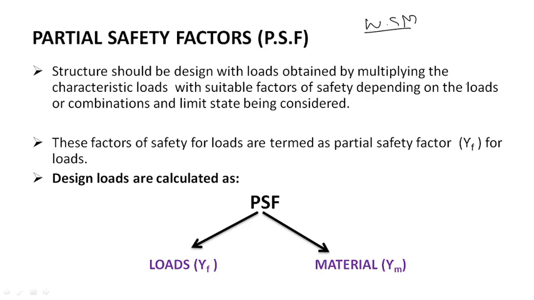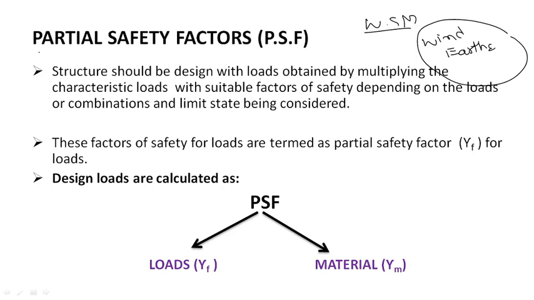Because in the environment sometimes the wind will appear very fast, sometimes an earthquake may appear, and we can't predict. So in order to avoid all these uncertain environmental conditions, they will increase the values to safeguard our structure. That's why we take the safety factors.